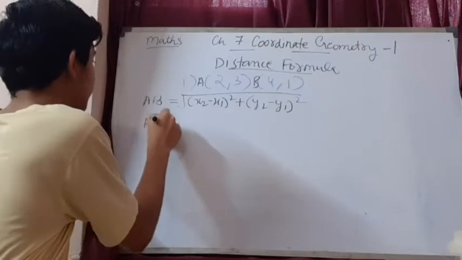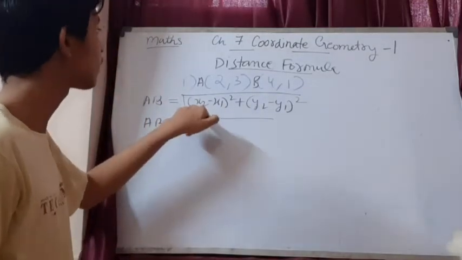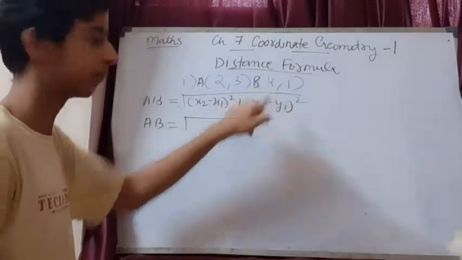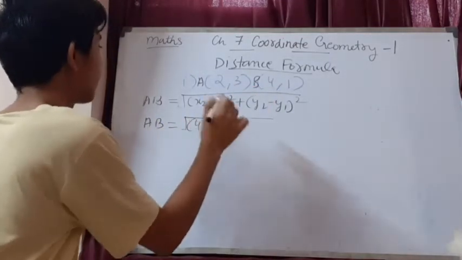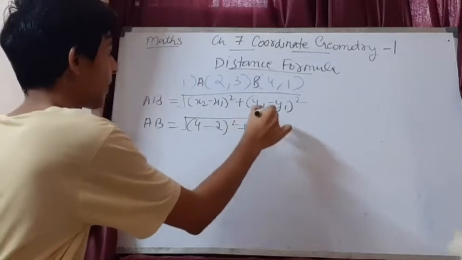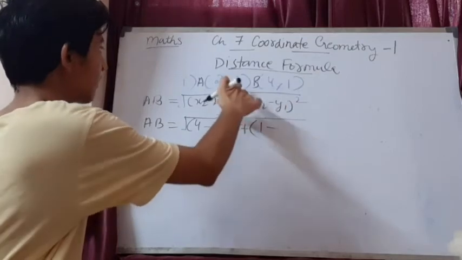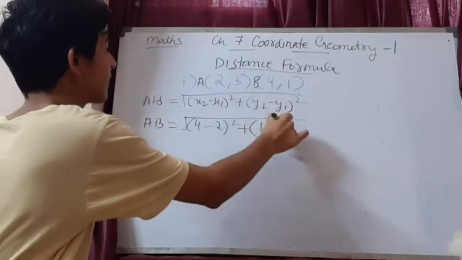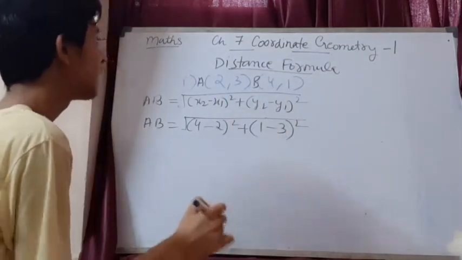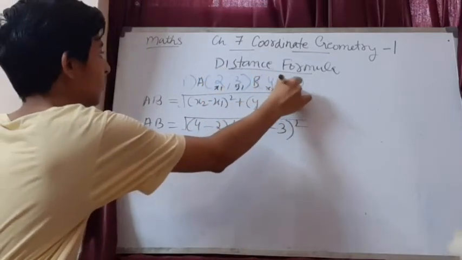Now just substitute the values. You know x2 is your 4, x1 is 2, whole square. Plus, what is your y2? y2 is 1 minus y1 which is 3, so whole square. Remember this is your x1, y1, x2, y2.